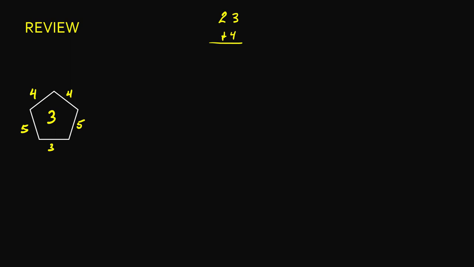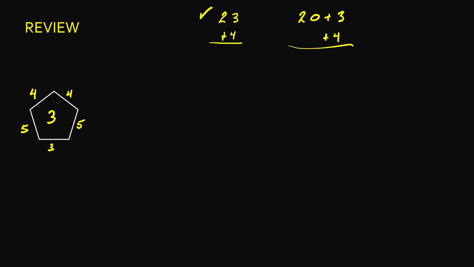Let's start with a little review. Back in the first grade, you were introduced to addition. Here's an example. Perhaps they taught you to split that 23 into 20, add 3, and then write the add 4 right below it.